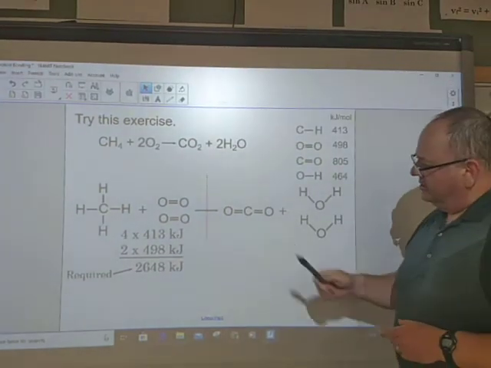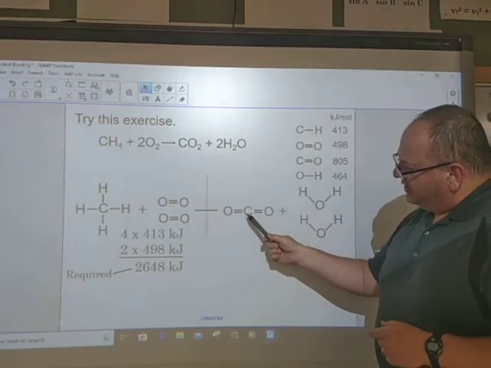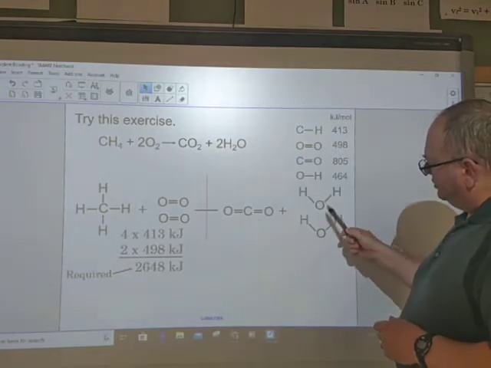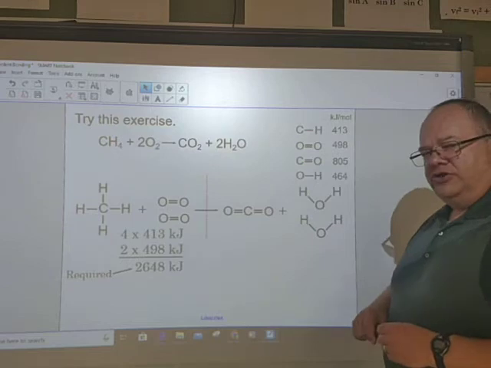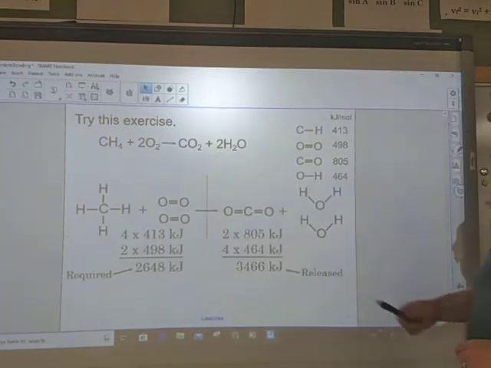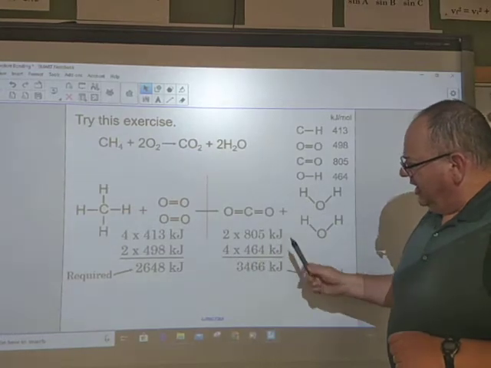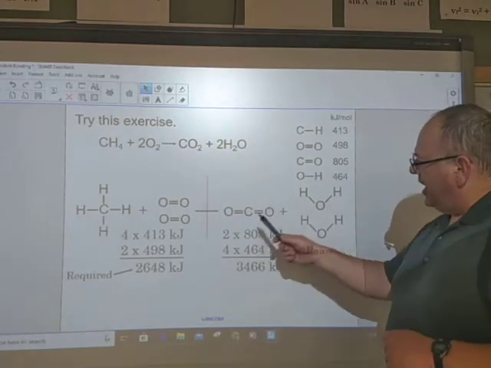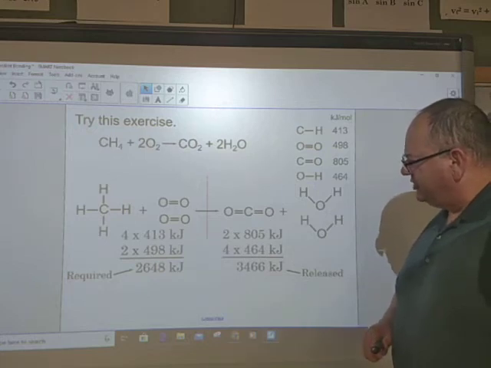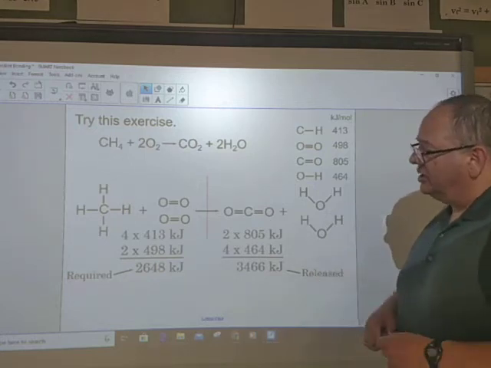On this side, I have 2 of these oxygen-carbon double bonds. And I've got 1, 2, 3, 4 of the hydrogen-oxygen single bonds. We add those up, and that says when we allow those bonds to all form, we get 3,466 kilojoules released.